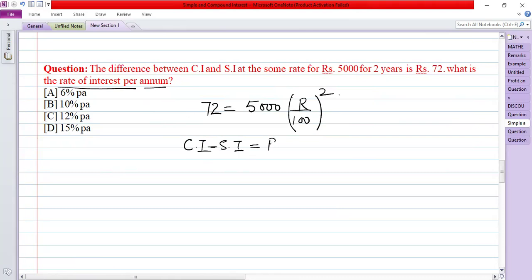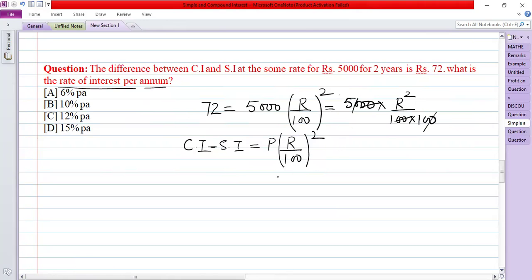Okay, that is P into R by 100 square. So this is 5,000 into R square by 100 into 100. Okay, so this 20 will cancel out, this one will cancel out.